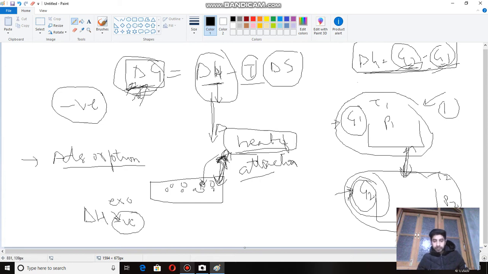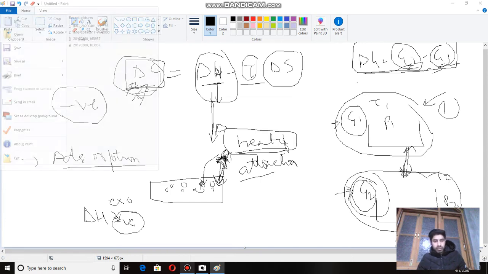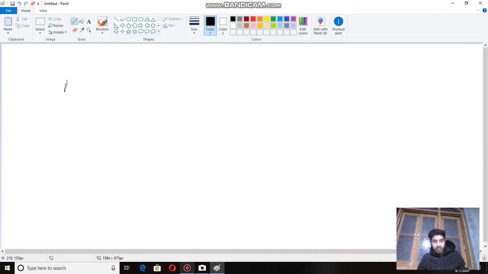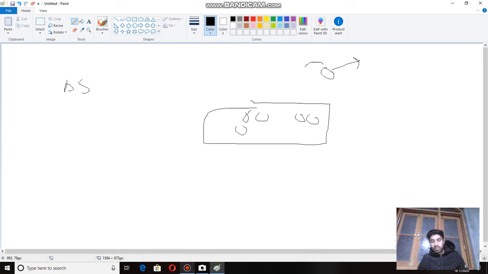Now let's talk of this delta S. Before adsorption, these foreign entities were free to move. Their degree of randomness was high. Now after their adsorption, their degree of randomness decreases.